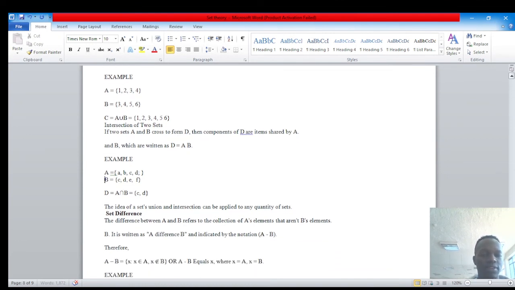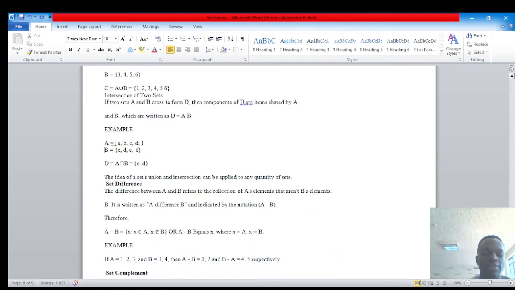Set difference. The set difference between set A and set B refers to the collection of set A elements that aren't set B elements.